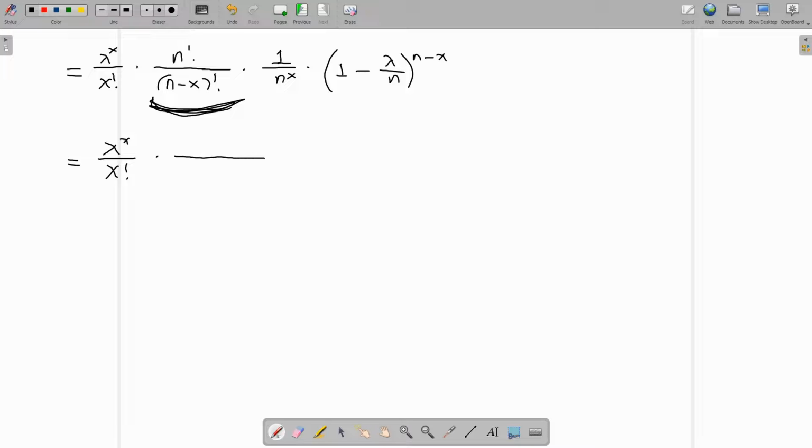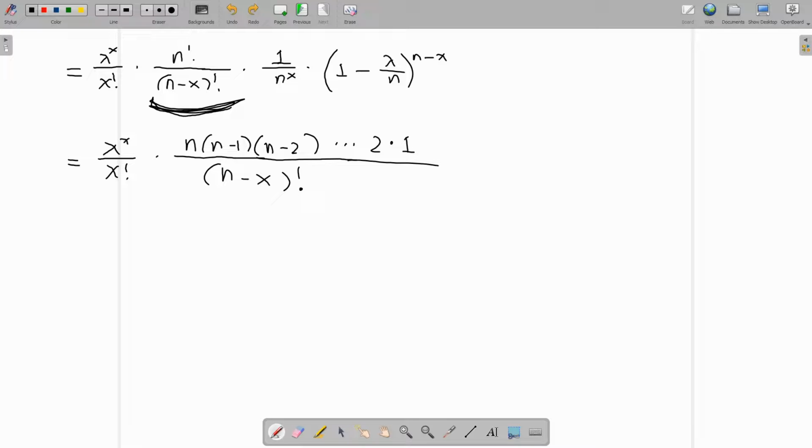Now remember, n factorial is simply n times n minus 1 times n minus 2 up to 2 times 1. But then again, we can use a trick here that we are already familiar with in order to cancel the denominator.